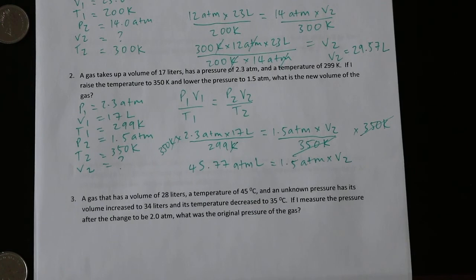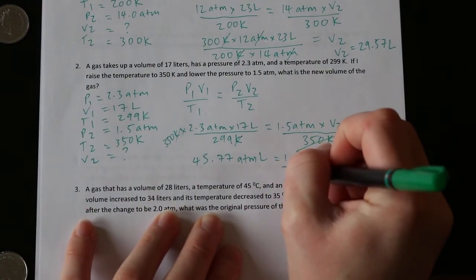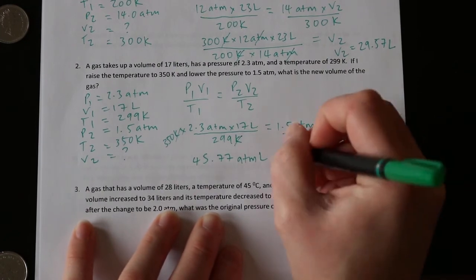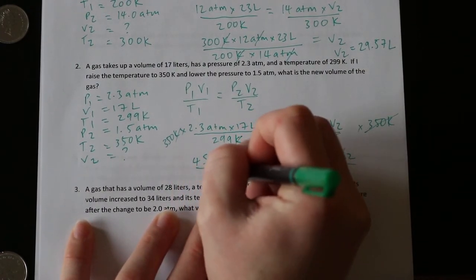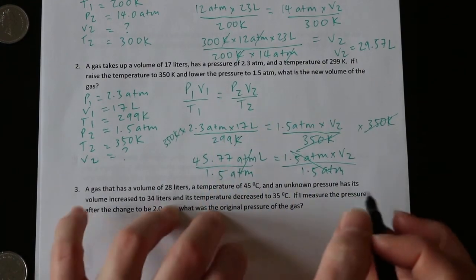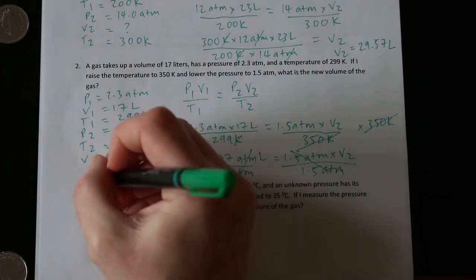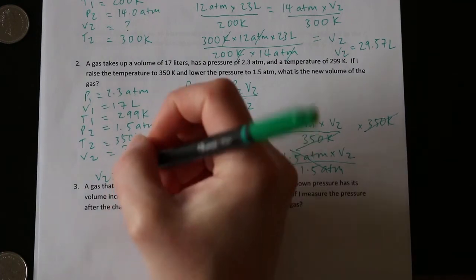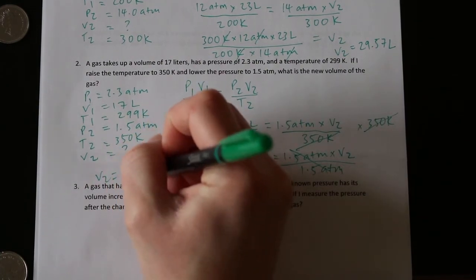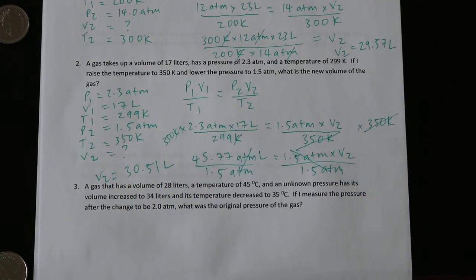Now to get V2 by itself, we just divide both sides by 1.5 atmospheres. And then that whole term cancels, and the units of atmosphere cancel. So V2 is going to equal 45.77 divided by 1.5, and that's going to give us a final answer of 30.51 liters.